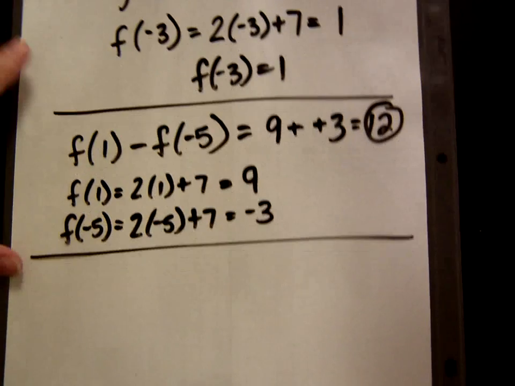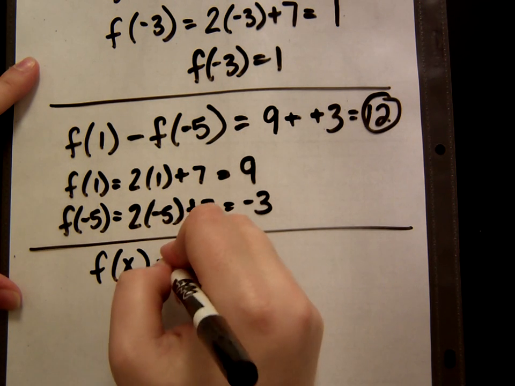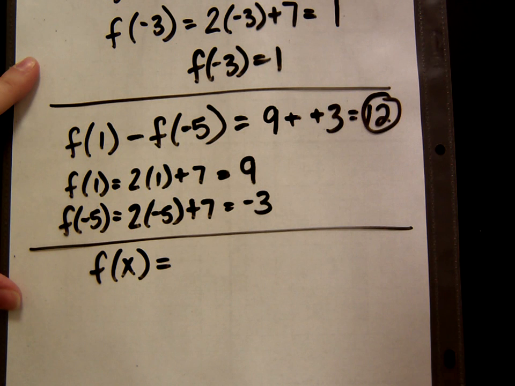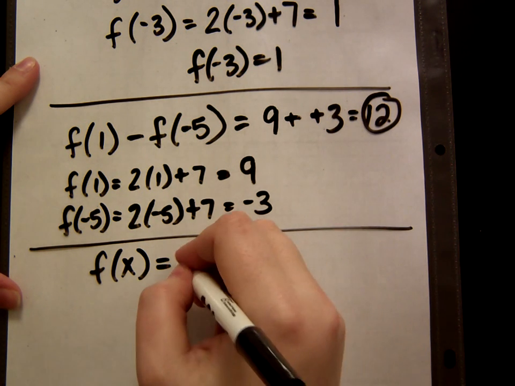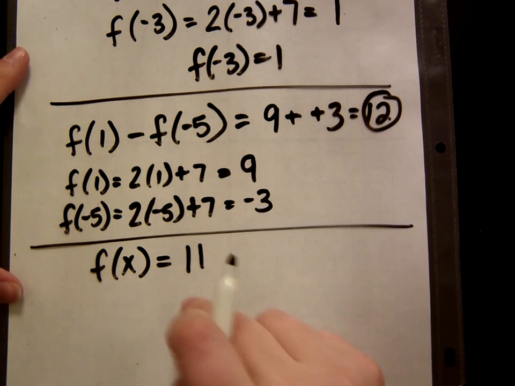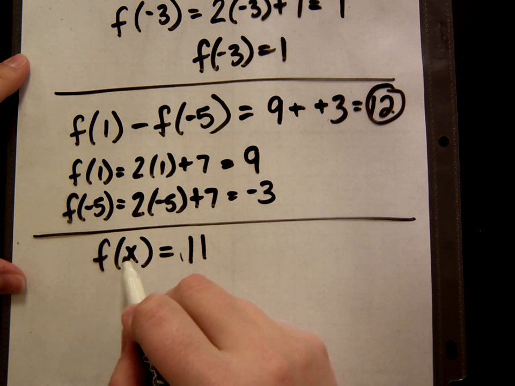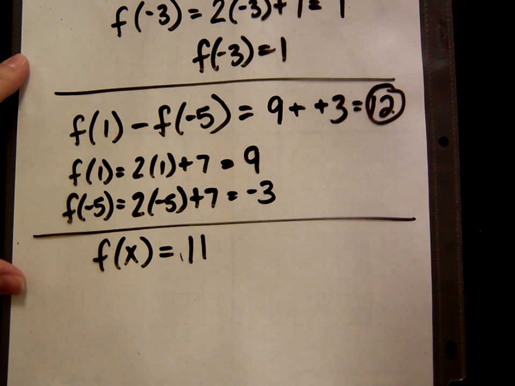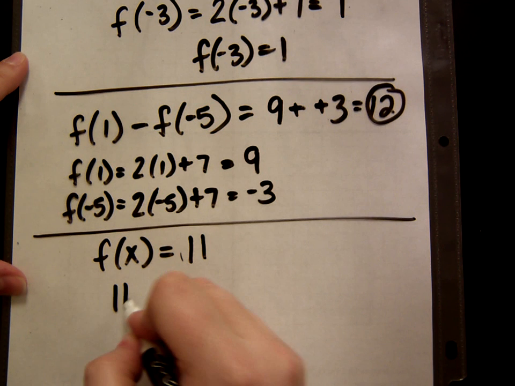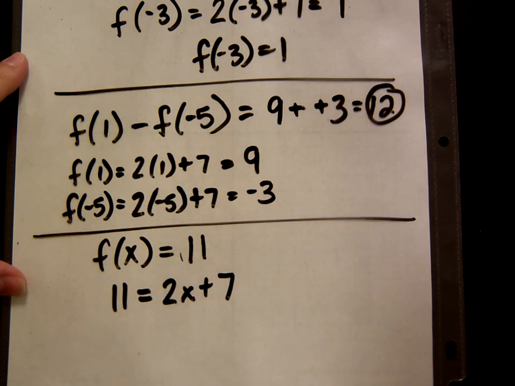But what if I said f of x equals 11? This means I'm setting the equation equal to that because the f of x, the output, is 11. So I would have to do 11 equals 2x plus 7 and then solve for x.